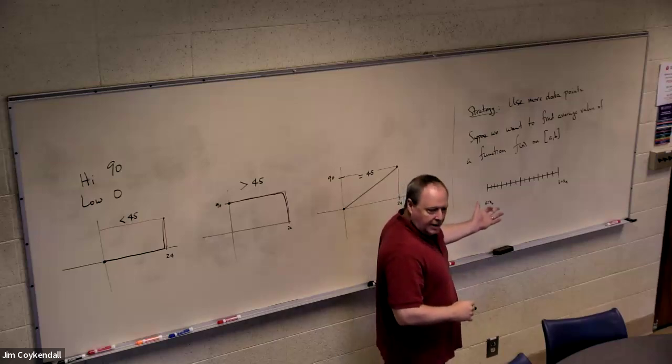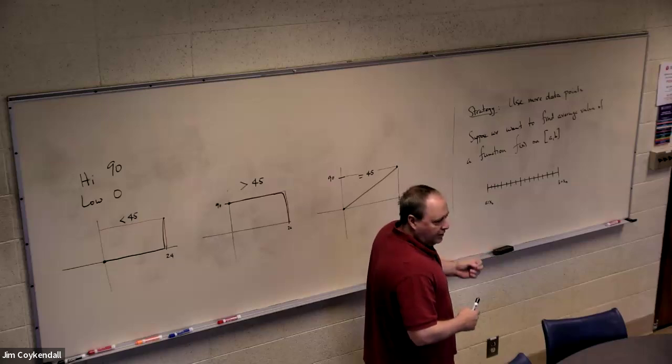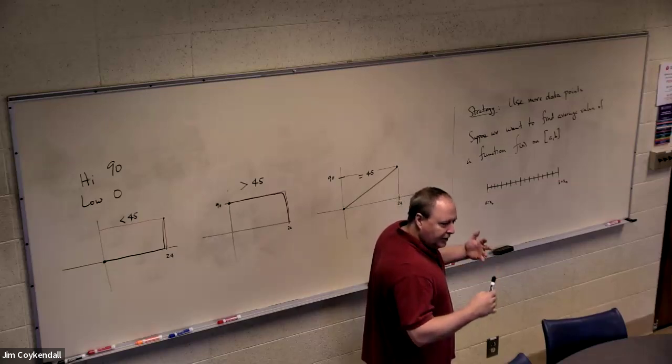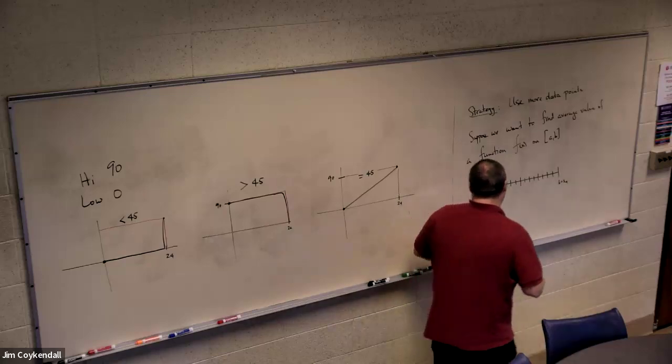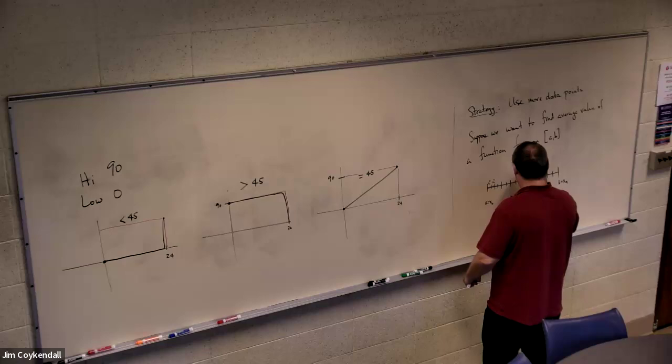Maybe you break that up into 24 pieces because it's a day long, and you want your intern to go out and measure the temperature every hour. So this is X1 star, X2 star, XK star.